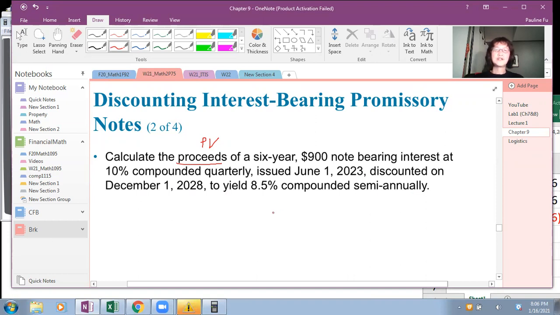Okay, so let's draw a time diagram. First, I will label June 1st, 2023. This note is 6 years. So after 6 years, it will become June 1st, 2029. I will extend this because I need more space here.